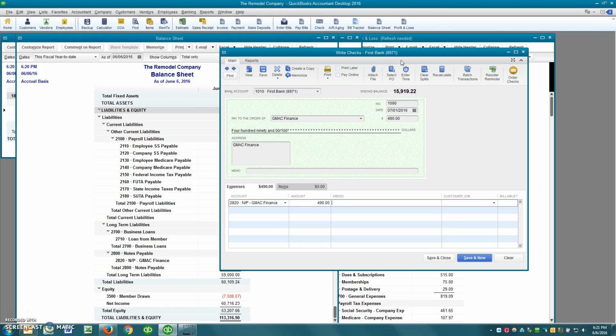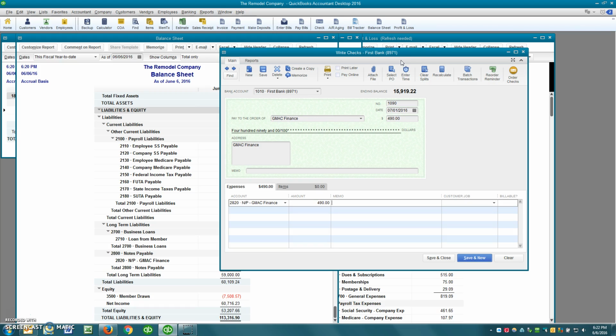Okay, most people don't worry about that. They'll put 100% of it to the principal, and then at the end of the year we'll find out what the payoff of that loan is, and then we'll make an adjustment to adjust for the interest. So now at the end of the year, that loan balance is reflected correctly for tax return purposes.